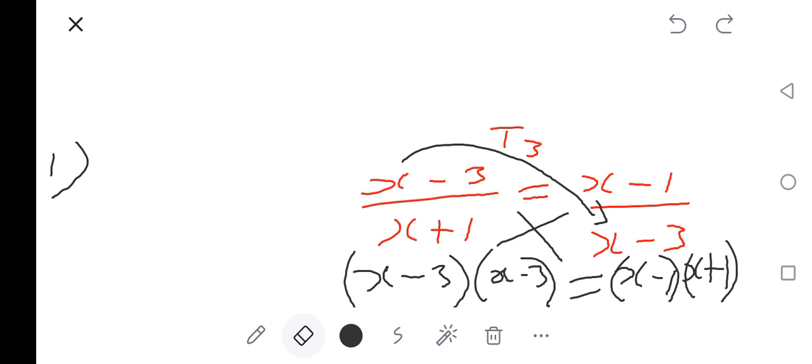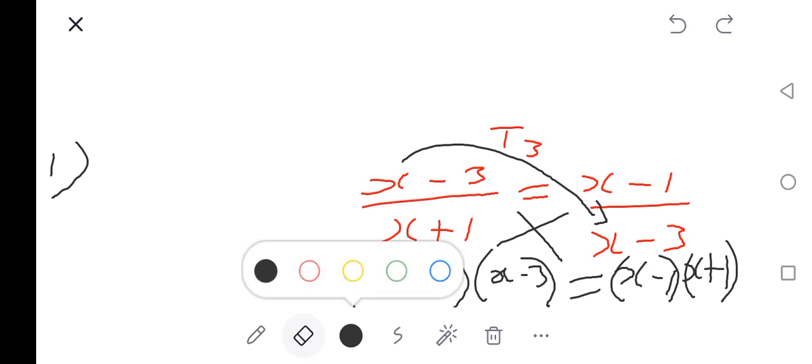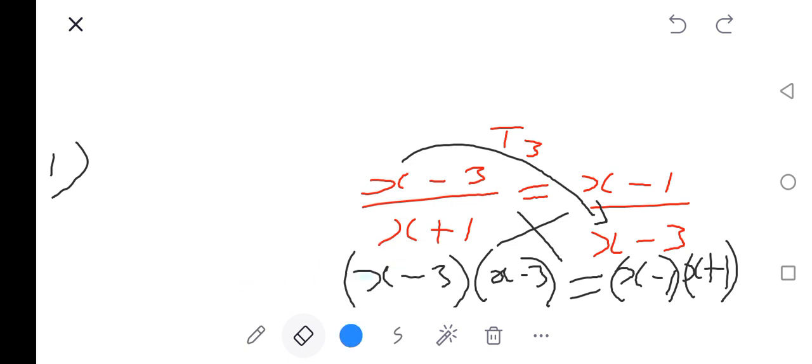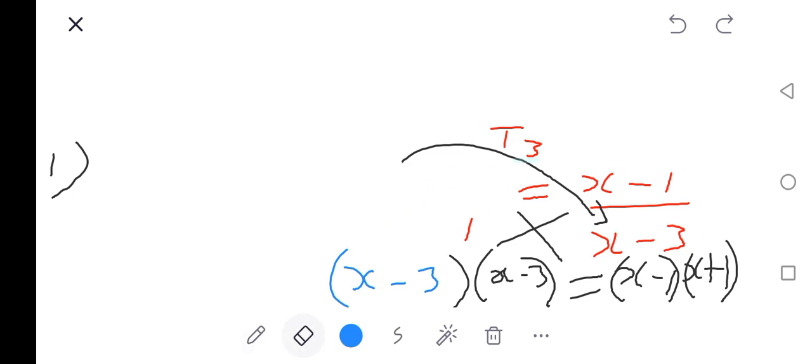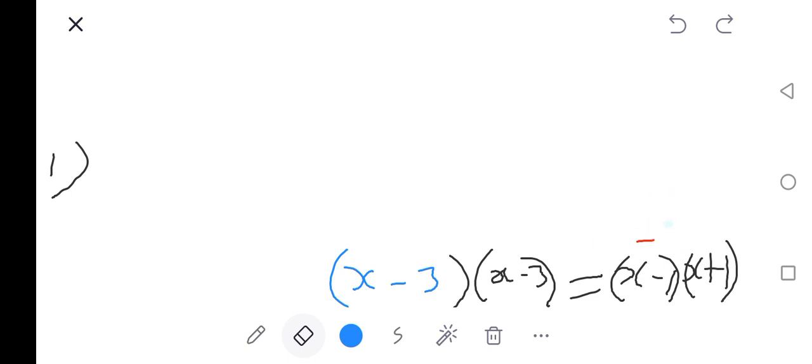So now we are multiplying the things in here, x minus 3.